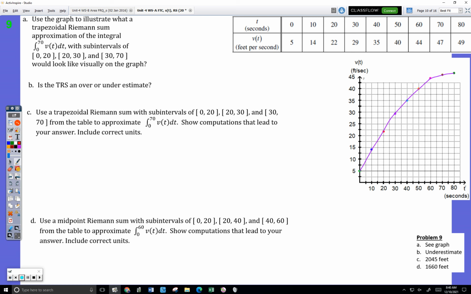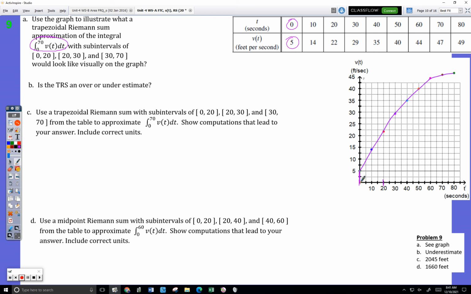We're supposed to approximate this integral. So we go over here to the graph. We go from 0 to 20. Like so. Go ahead and draw with me. Okay, instead of drawing a rectangle, we draw a trapezoid. And the way you draw the trapezoid is at time equals 0, the velocity is 5, so that's the height on the left of the trapezoid.